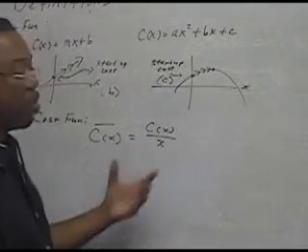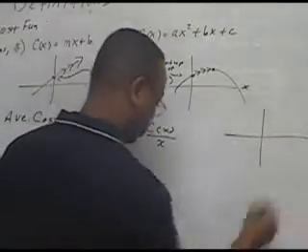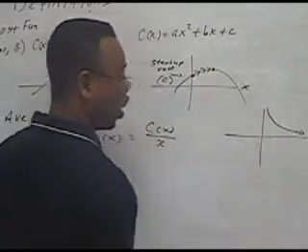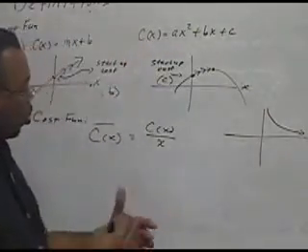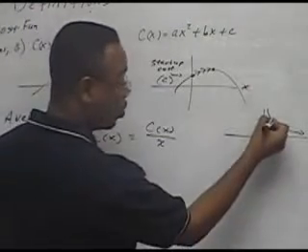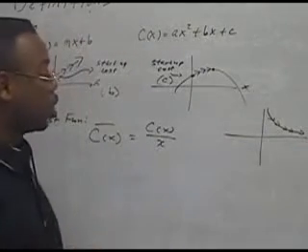Now, a graph of the average cost will look something like this. You'll see that the more items that you make, the average cost goes down, which is good.